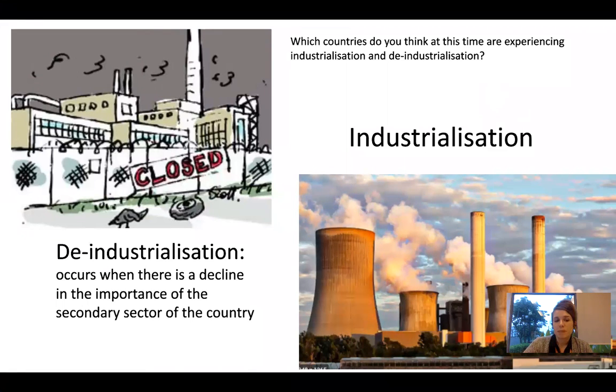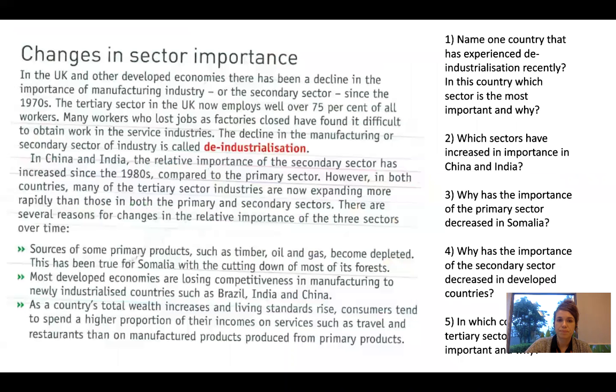Now, developed countries, for example, the UK and the US, have often experienced deindustrialization. This means that their factories have closed and they are now making more money from tertiary sectors. So when they move from secondary to tertiary sectors, they are experiencing deindustrialization. It's when there is a decline in the importance of the secondary sector of the country.